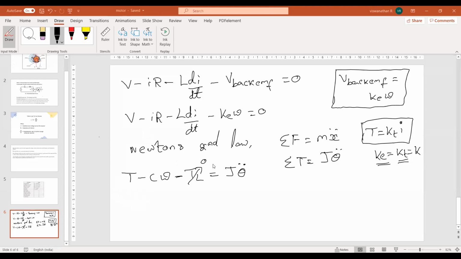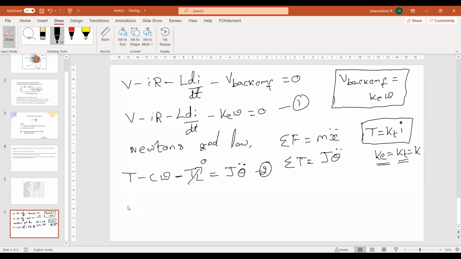Now, all these are in what domain? All these are in time domain: dt, di by dt. Now I'll take the Laplace transform of this equation and the second equation. What is the Laplace transform of this?